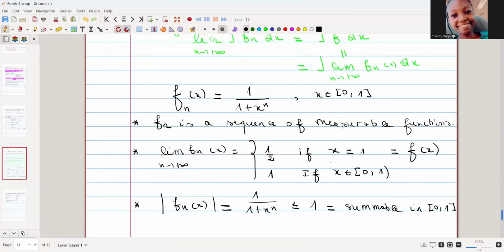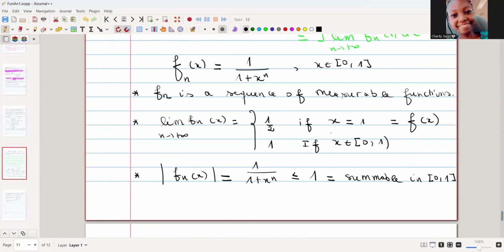If you still have a problem with this limit, please let me know, because you have to check everything here when you're computing this limit. That is what we call the pointwise limit. You have to check it very well. You have to be very careful. And this pointwise limit is not continuous.